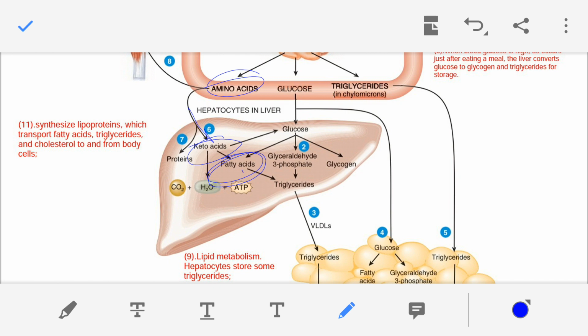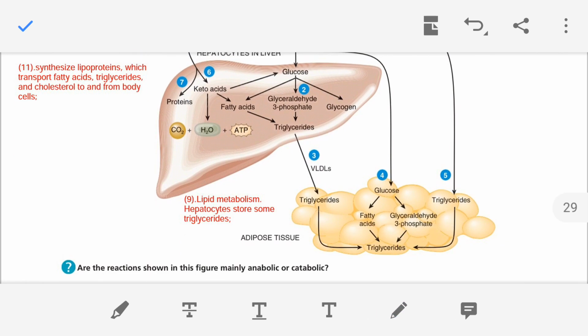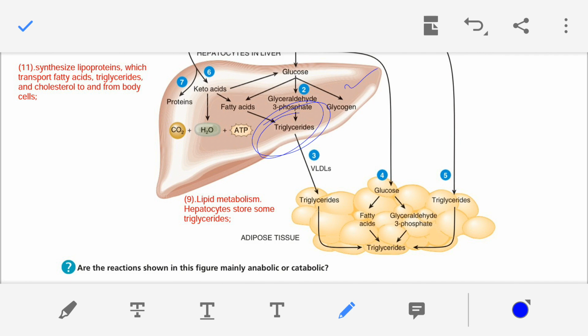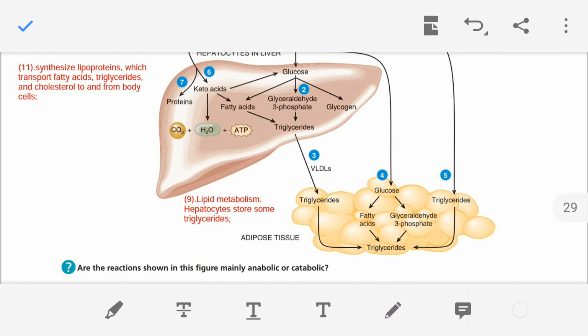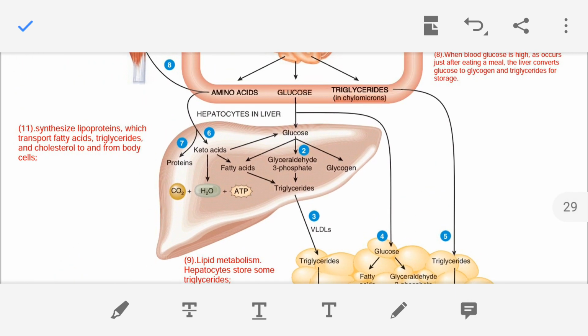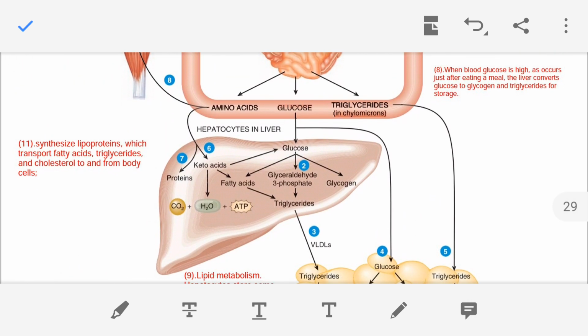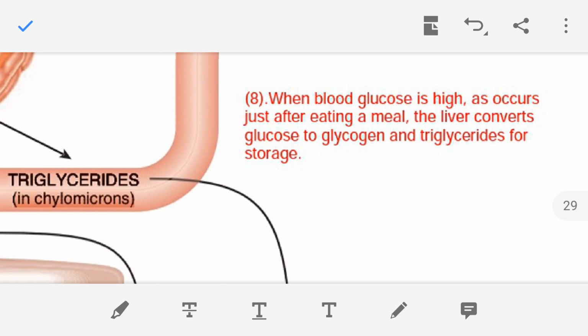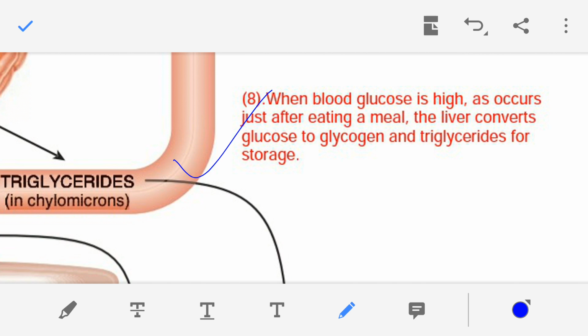Fatty acid takes part in the formation of triglyceride. So this triglyceride is stored in the liver. Glycogen is stored in the liver. So these are also the functions of the liver. So this was the 8th point.